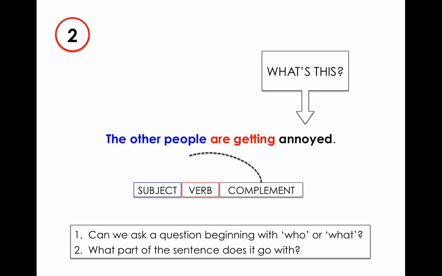And that makes it a complement. A complement is a word that, in this sentence, gives extra information about the subject. Now the contrast here is between the subject and the verb. It doesn't give extra information about the verb, it gives extra information about the subject.